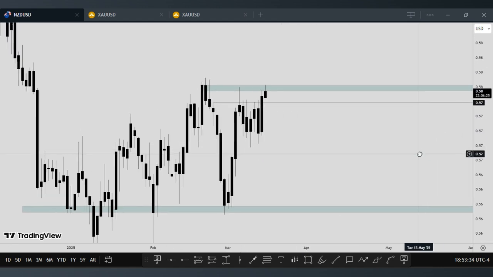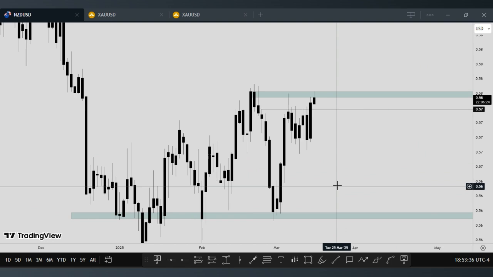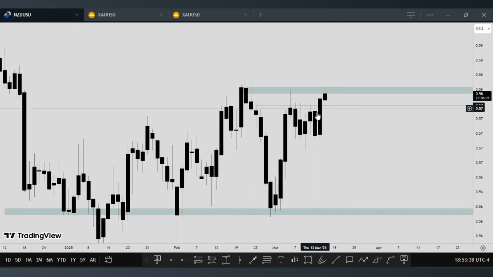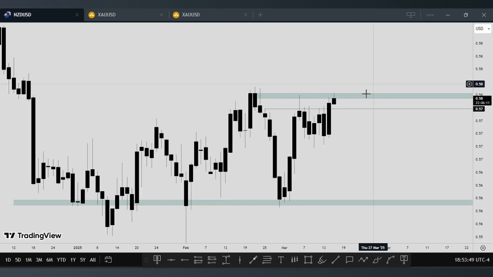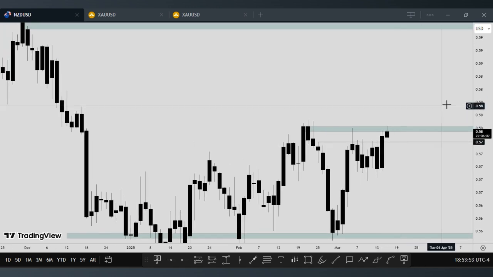I'm looking for a buy tomorrow, and it's going to be confirmed once price retests this level. Once price retests, we're going to start scouting for buys on the 1 hour time frame into a new high.